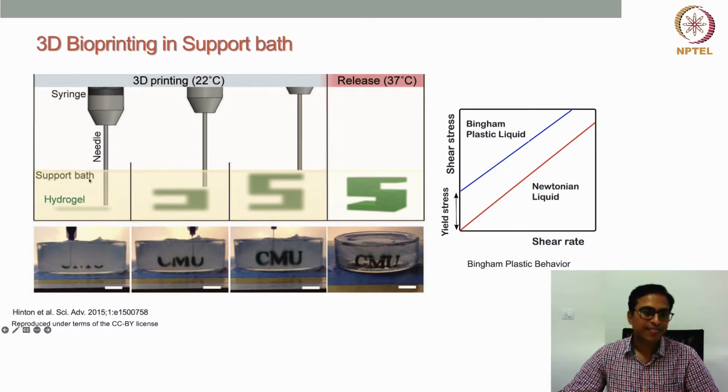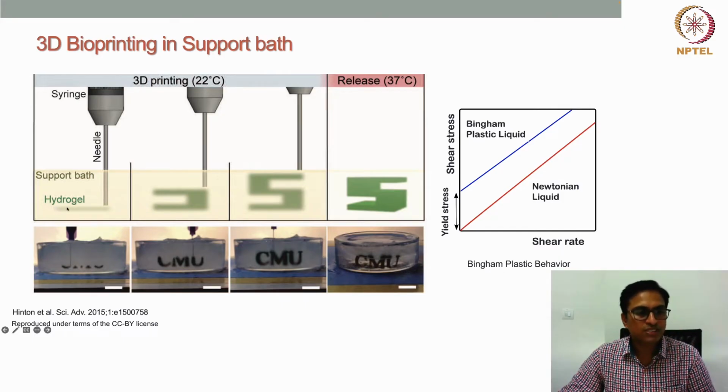Now here is the support bath material, and this is the hydrogel material or bioink that is getting extruded through this extrusion-based bioprinting nozzle. At first, this needle is inserted within the support bath. At the beginning there is no flow of the support bath material, so it behaves like a solid.